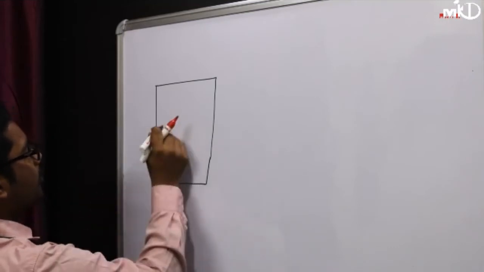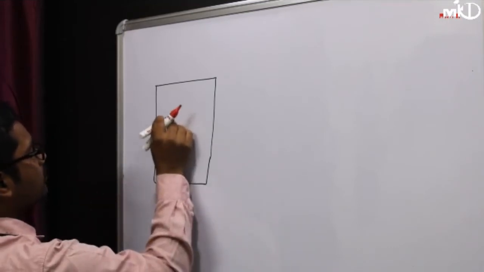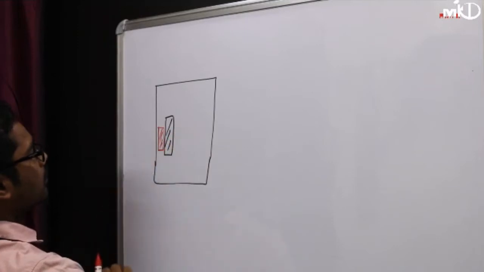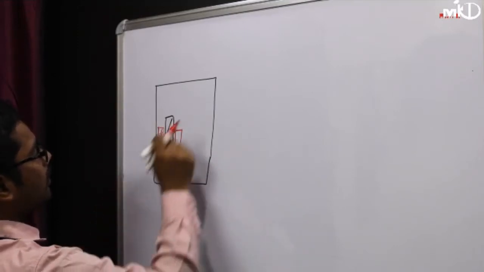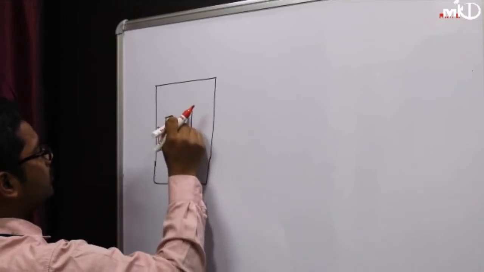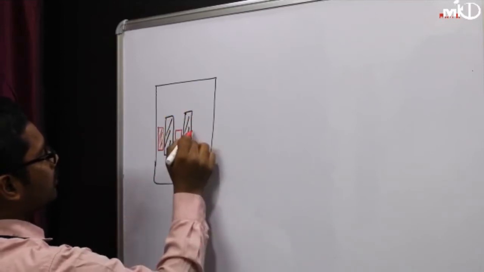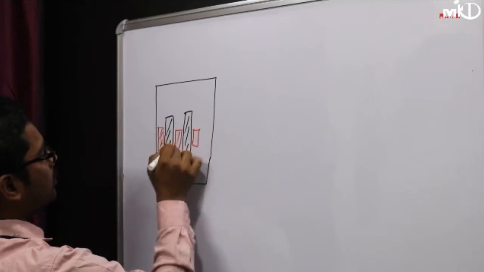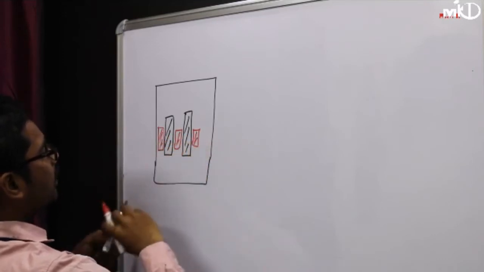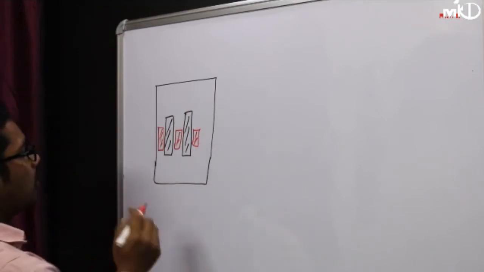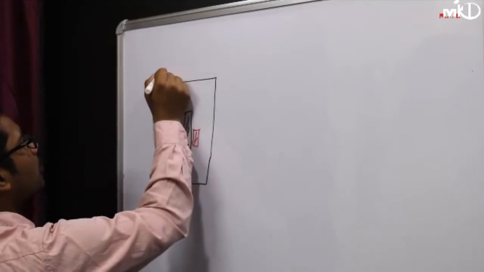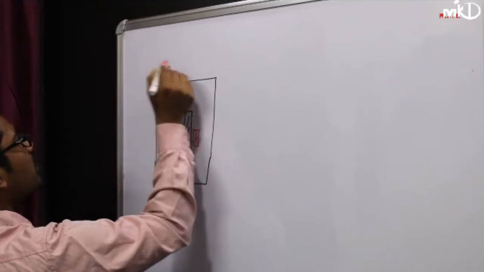In between the uranium, your graphite is present. Again uranium, and again graphite. Again uranium is present. Like that, again you put the graphite. The process is like this, and the control rod is like that. The control rod is of this much length.